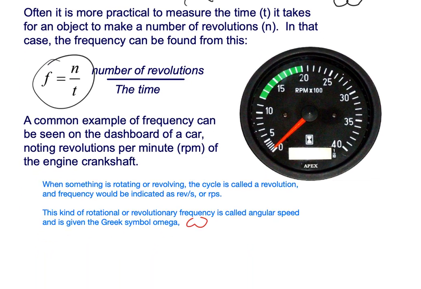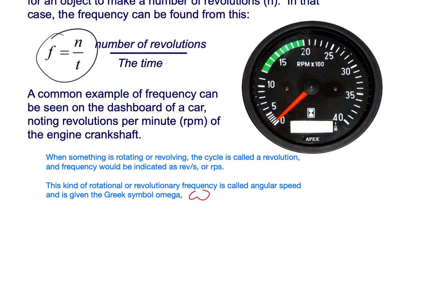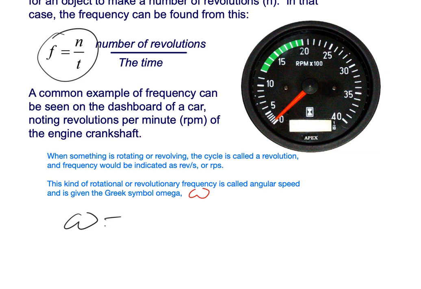So angular speed for me is the inverse of period. So is frequency, but we're not talking about vibrational things that are moving in back and forth motion. So omega is 1 over period, and you know the period is the time over the revolutions.